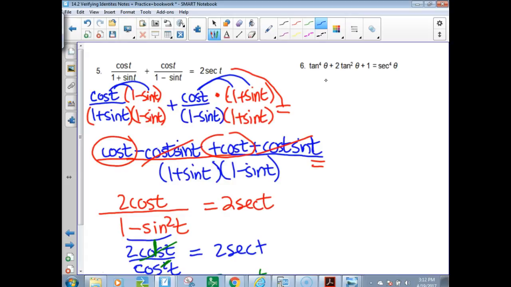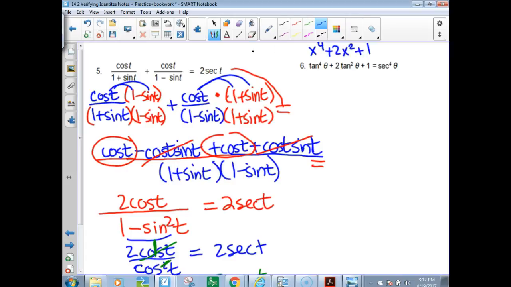So here, what we really want to do is think of something that we've learned from previous knowledge that we might be able to apply. And here's a hint. I'm going to replace the tangent with an x and just write this as x to the 4th plus 2x squared plus 1. And now tell me what you see. Something that's, I hope, factorable, right?